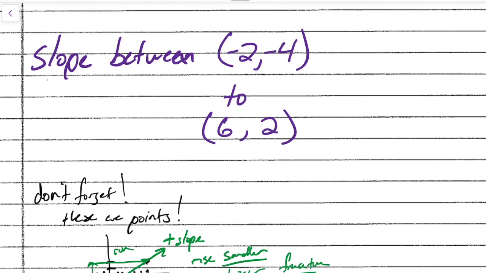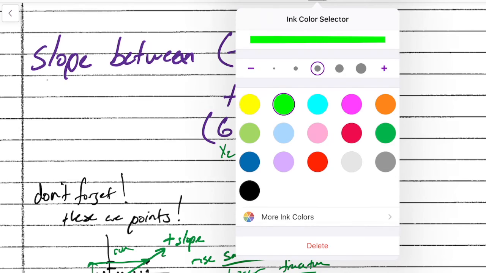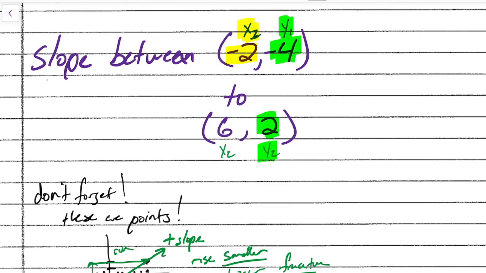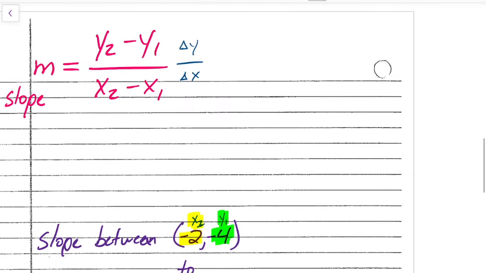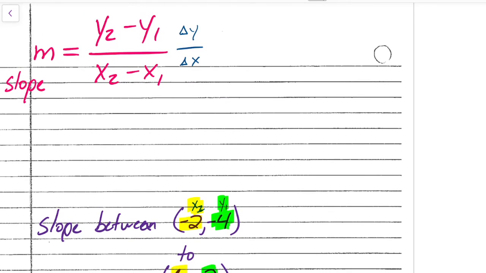So the smartest thing to do is to just mark them. x1, y1, and then x2, y2, and keeping it consistent, we will do the y's in the green highlighter and the x's in the yellow highlighter. Okay, so referring to our formula once again, it is the change in y over the change of x, y2 minus y1.